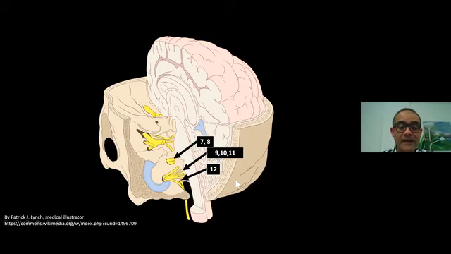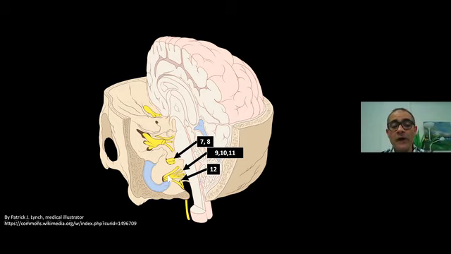But let's get some teaching points out of this. What's the landmark first? What's the landmark for 9, 10, 11? The three nerves go through the jugular foramen. To identify this on imaging, you start first by identifying 7 and 8. Once you see 7 and 8, 9, 10, and 11 will be at a level just below that.